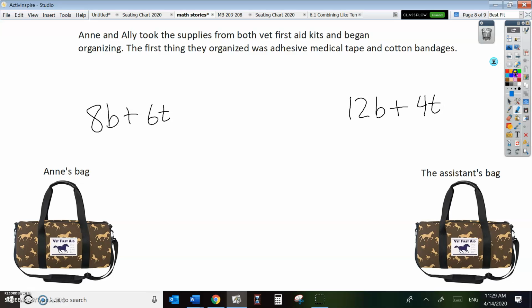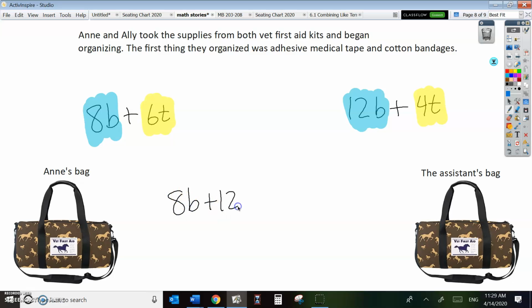Okay, so you can tell that the assistant had tape and that Anne had tape. And you know that the assistant had some bandages and Anne had some bandages. So when Anne and Allie gathered everything together, they gathered together 8 bandages plus 12 bandages.